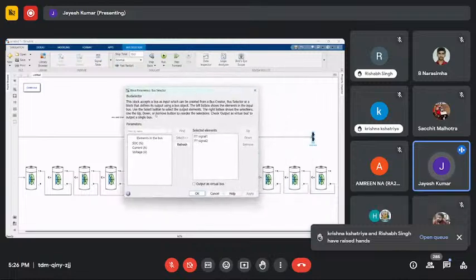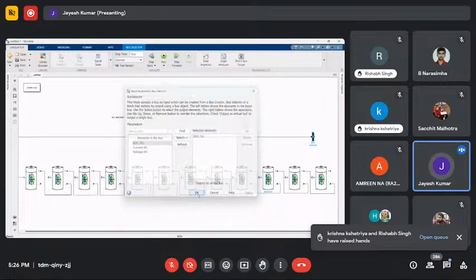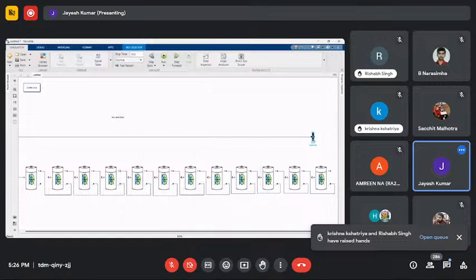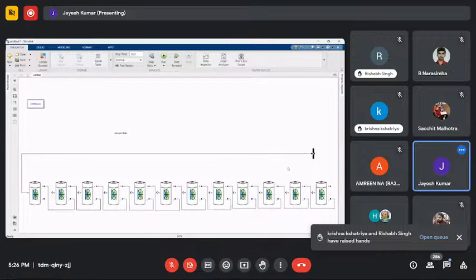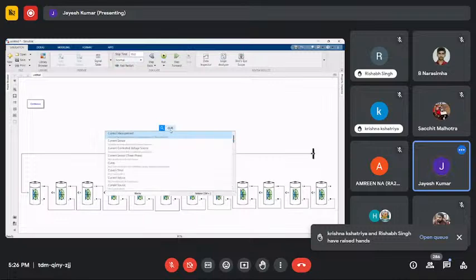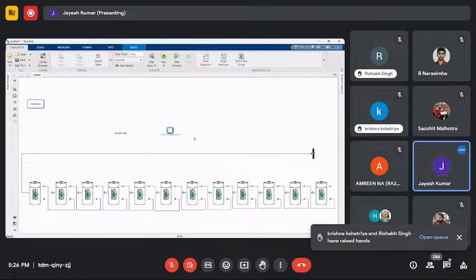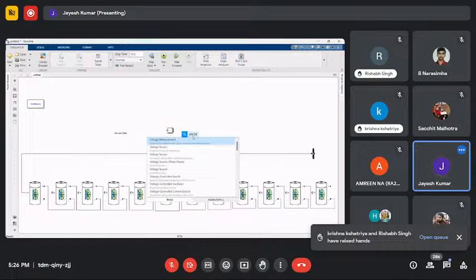Here you can see that there are different parameters of the battery cell pack. We only need the SOC of the battery, so I remove all the others, select the SOC, and use the SOC part of the battery. Now I need to measure the current and voltage also.